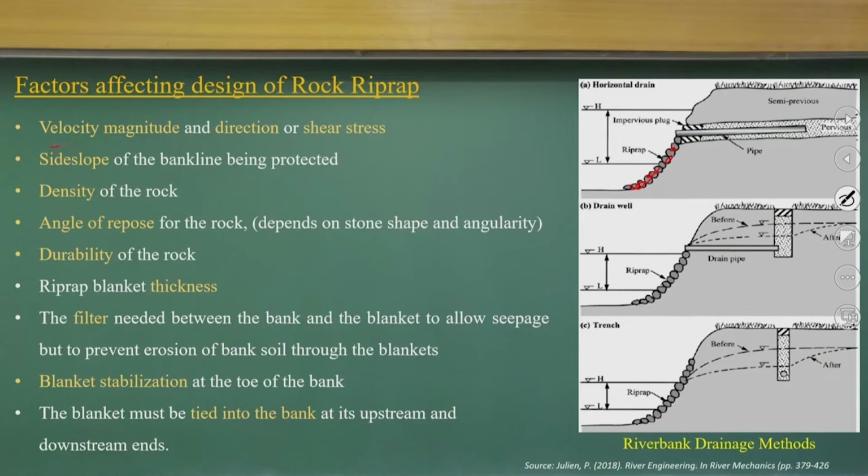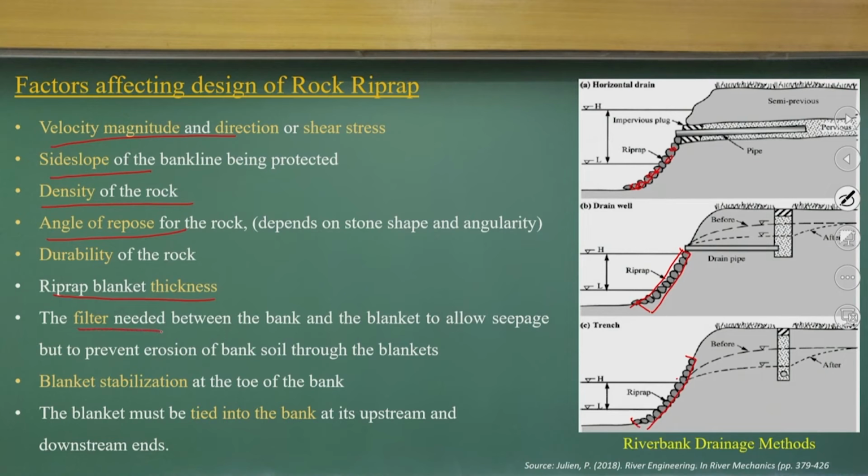It all depends upon velocity, side slope, density of the rock, angle of repose. Riprap blanket thickness, you can know it, you can have the thickness, and providing this thickness, those things you can consider as a Gaussian matrix.